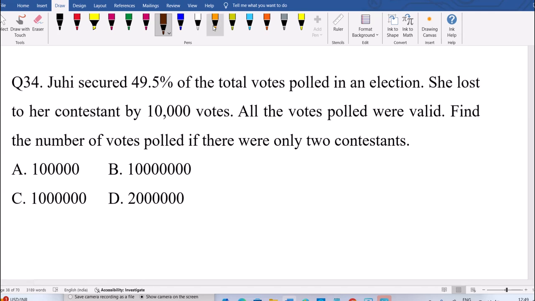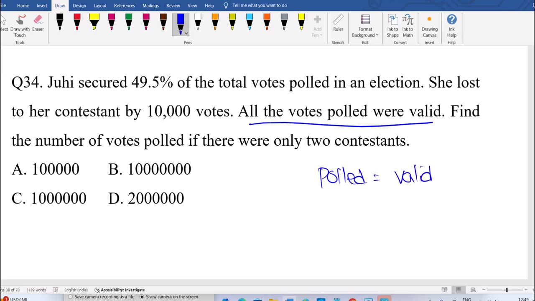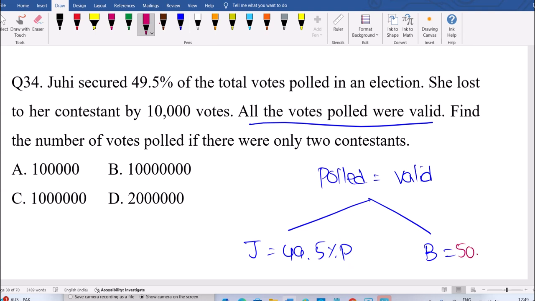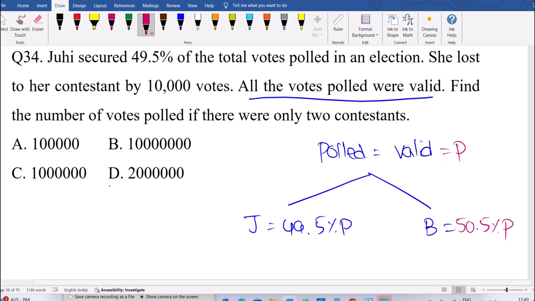Generally, among polling there are valid and invalid votes, but they said here all the votes polled are valid, both are equal. Juhi got 49.5% of polled votes, or total votes polled. The other contestant, let us call B, should obviously get 50.5%. So the difference here is 1%.